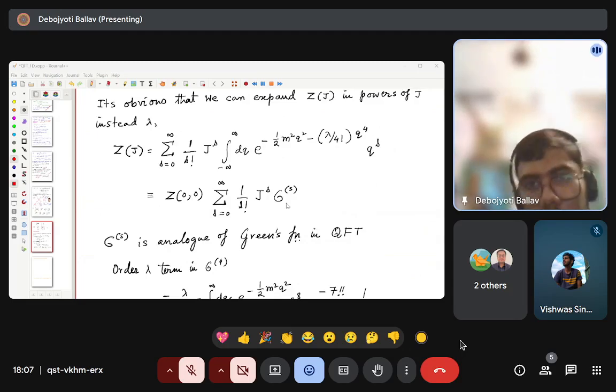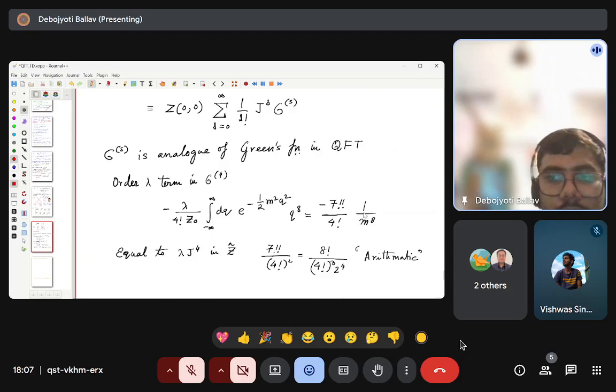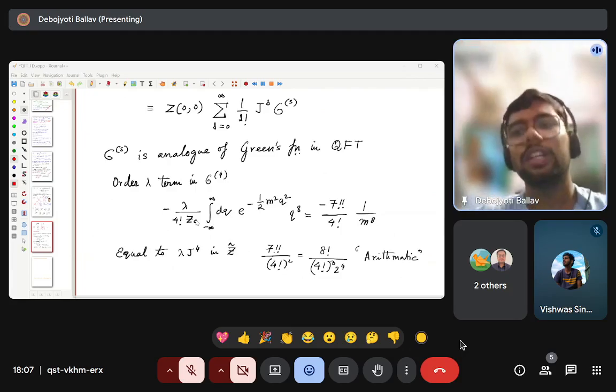You will calculate these correlators, or G's, which are the analogue of Green's functions in QFT, and at G to the 4th order, if you want to calculate this, you will get something like this, which is the double factorial, and you will see this numerical factor is exactly like the j to the lambda j to the 4th order. So either you can expand in the power series of j, or you can expand in the power series of lambda; they will give the same answer.